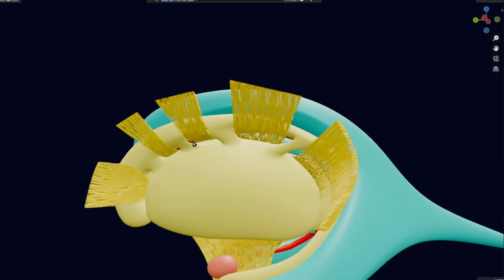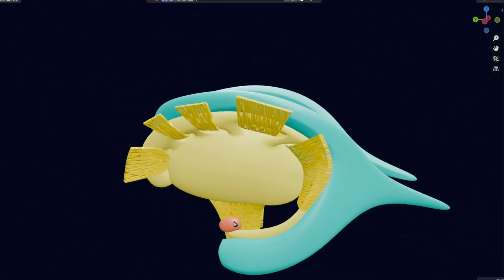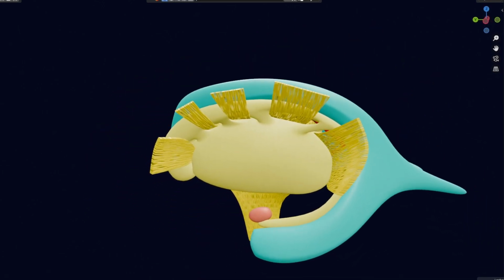This C-shaped nucleus, on the tip of which is the amygdaloid nucleus, is connected with the help of these interconnections. Especially the head is very strongly connected with another structure that I will tell you about.